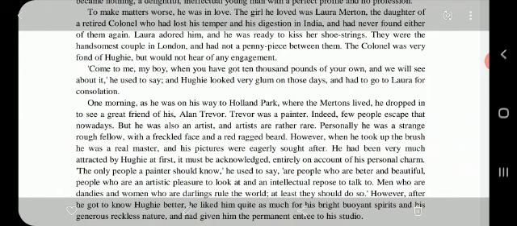The colonel was very fond of Hughie. And the next thing in their relationship is that the colonel, Laura's father, was very fond of, liked and admired, Hughie. Her father also liked Hughie, but would not hear of any engagement.